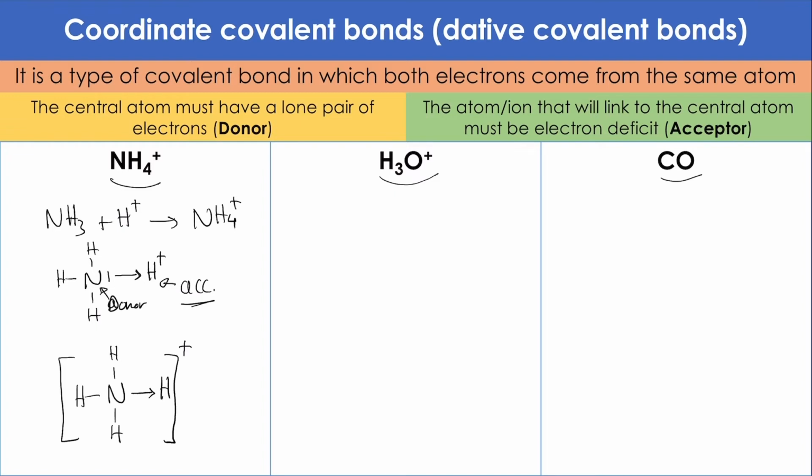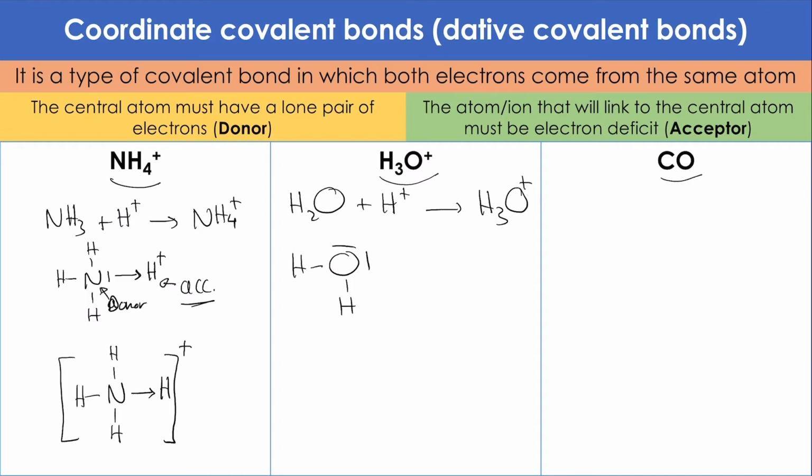Next example, we have H2O plus H+, and this would make H3O+, hydronium ion. So it's a normal water molecule that has two lone pairs, because oxygen has 6 electrons in the last shell. Very important to remember that.